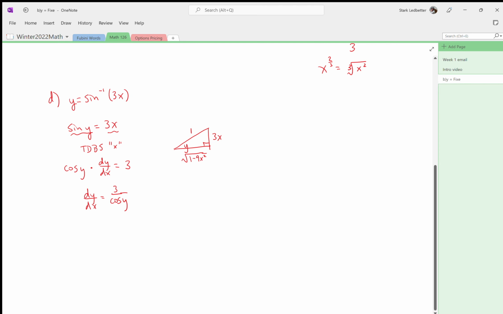That's the only way that it'll make the sides work out. So then the cosine of y is going to be the root of 1 minus 9x squared. So if I want my dy by dx in terms of x, I'm going to get 3 over the root of 1 minus 9x squared.